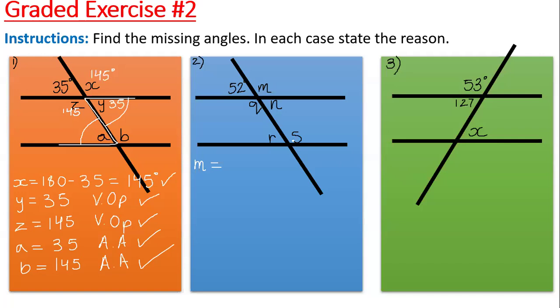How did you get 128? I did 180 minus 52. Okay, that's correct. But why? What's the reason? Because it's a straight line. A straight line equals 180. Very good. Angles on a straight line at a common point equal 180.